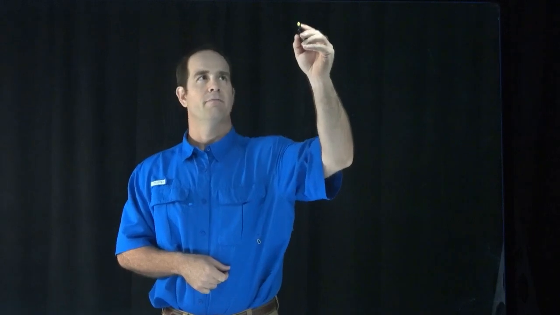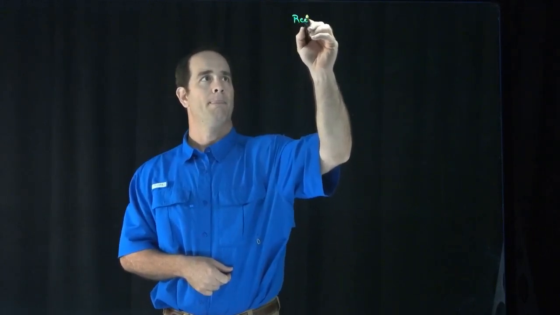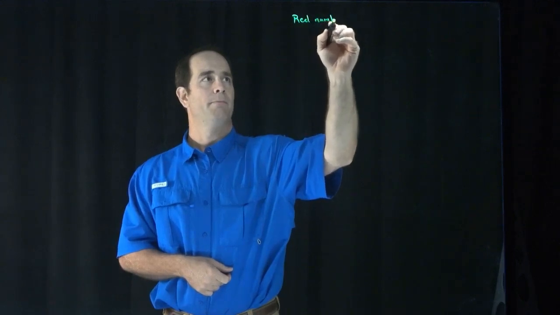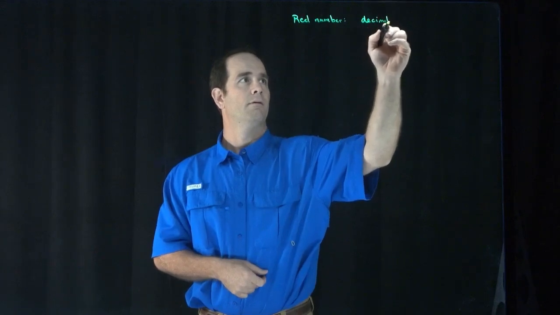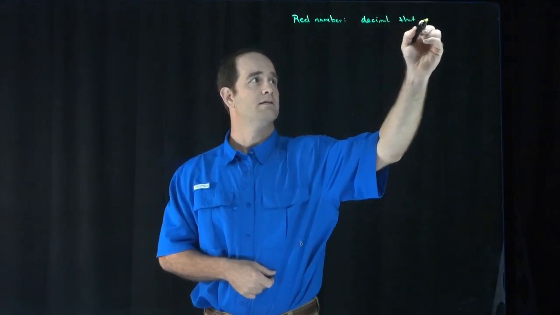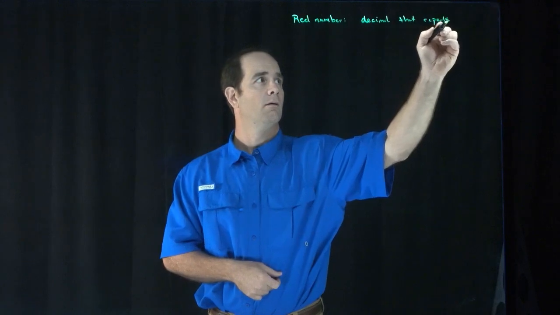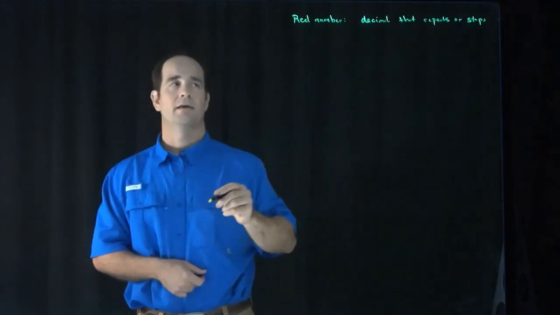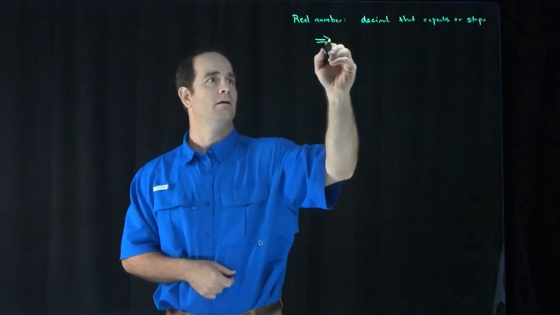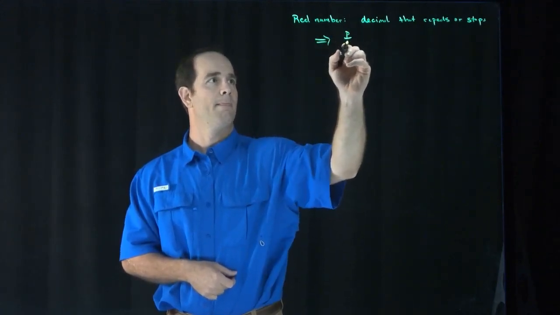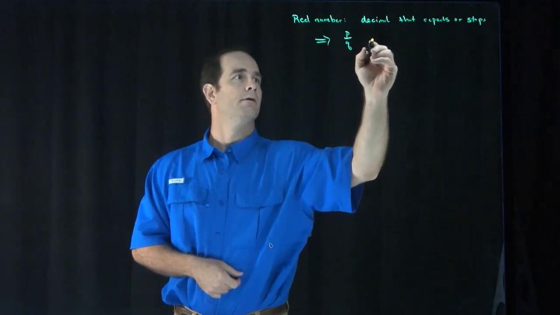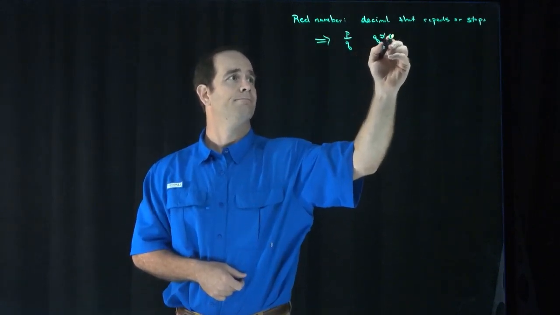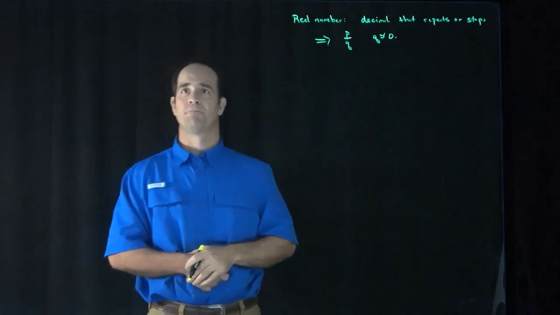What I want to review here from that is that anytime you're given a real number with a decimal that repeats or stops, you can write it as a quotient of two integers, provided you're not dividing by 0.